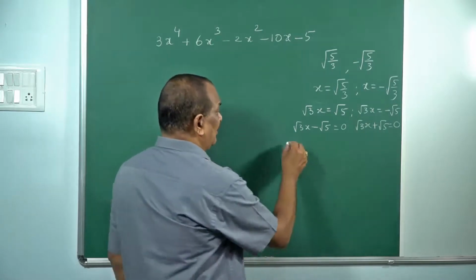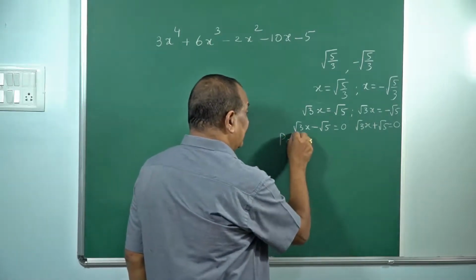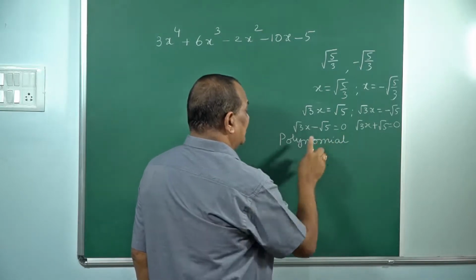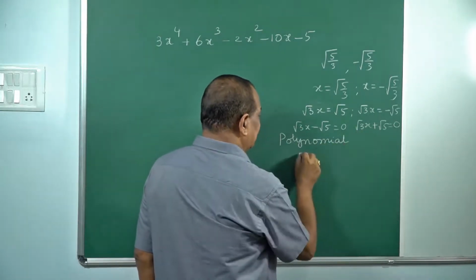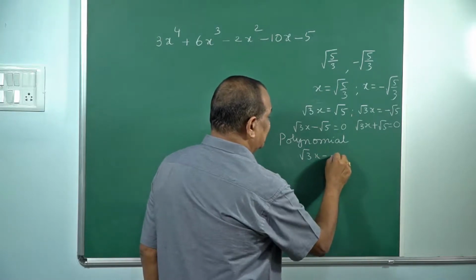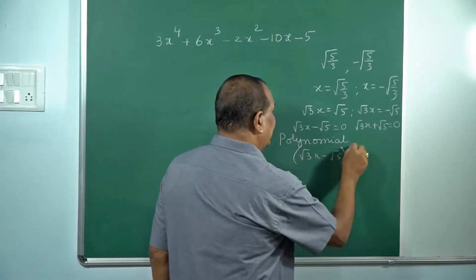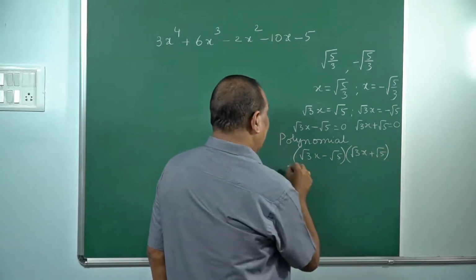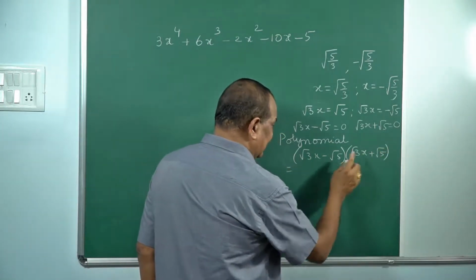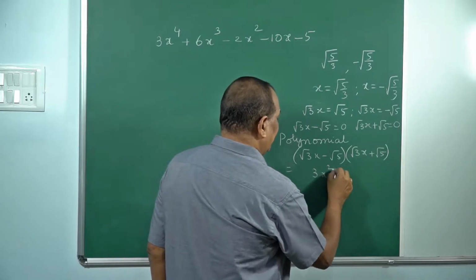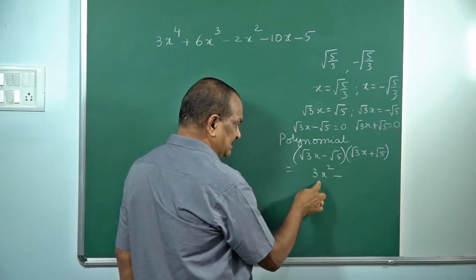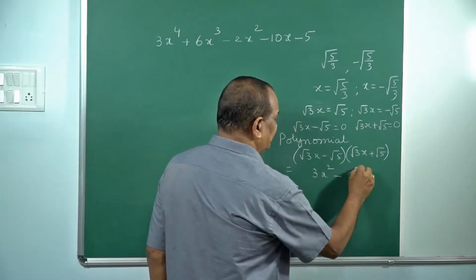And I am writing a polynomial here, not an equation. Polynomial. This multiplied by this: root 3x minus root 5 multiplied by root 3x plus root 5. And a minus b times a plus b gives a squared minus b squared. Square of this is 3x squared, square of this is 5.